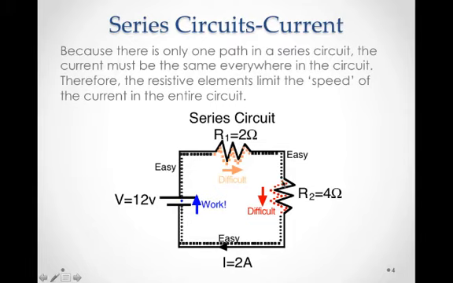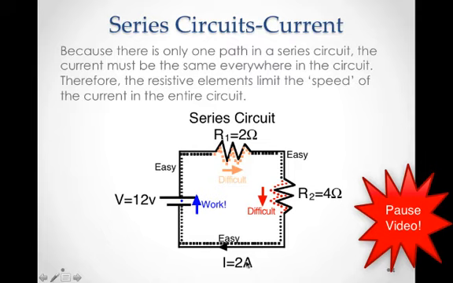And again, it's easy in this conductor, but then it's difficult in this resistor, and then it's easy all the way back. So the parts that are limiting the amount of current flow in this particular circuit are these resistors here. And that's what's moderating the amount of current flow itself.